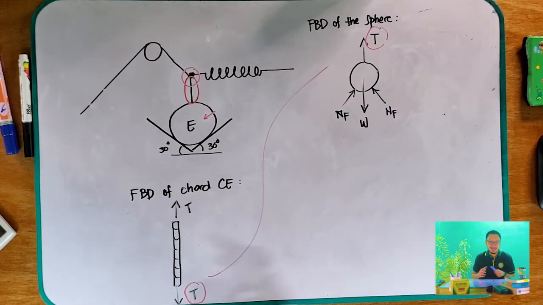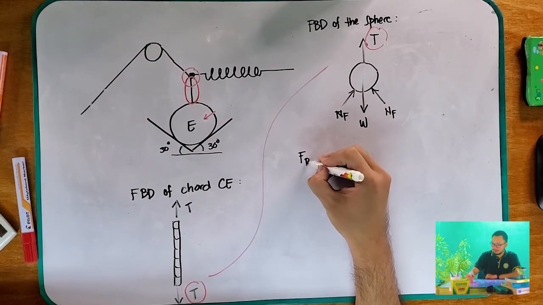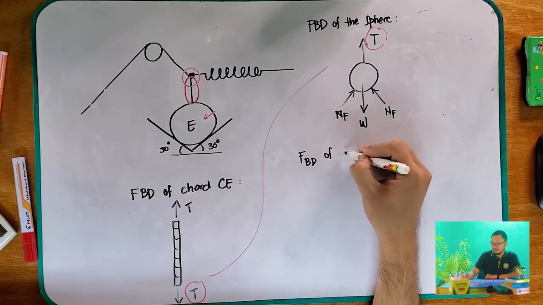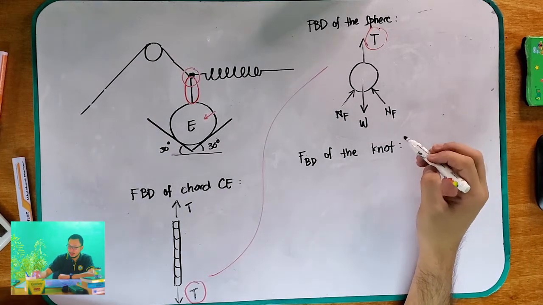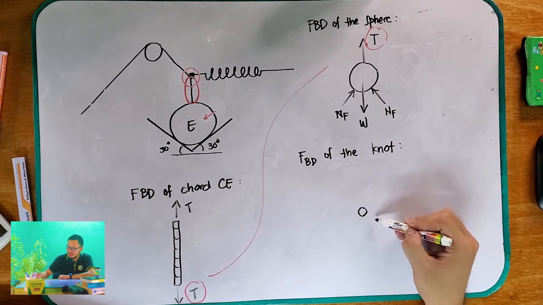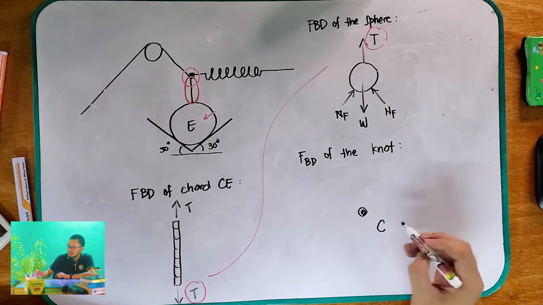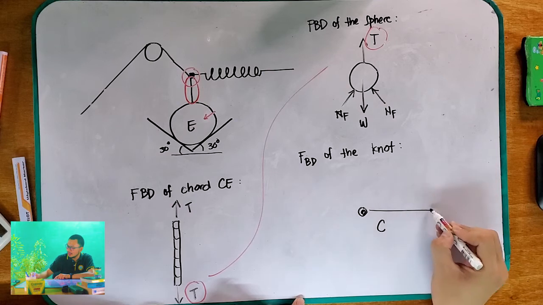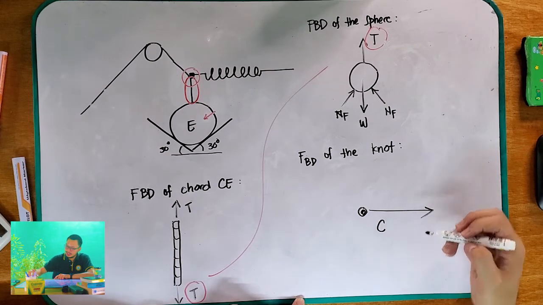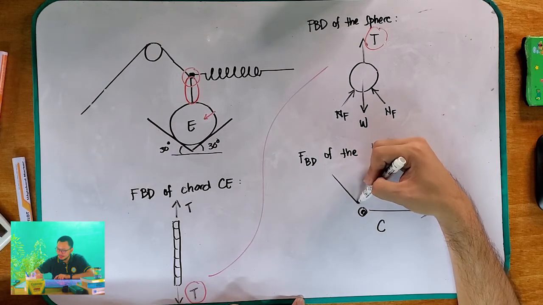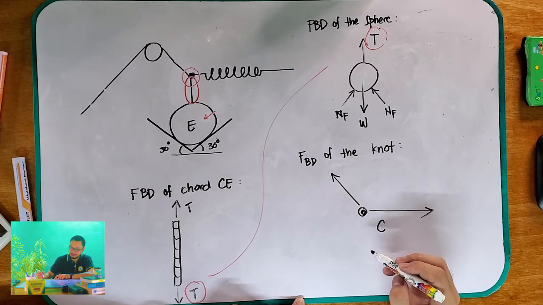Okay? And now, lastly, the FBD of the knot. So we have this knot at C. So this is your C. And we have a force going that way, which is your spring. And this is another force here in your cable and pulley.